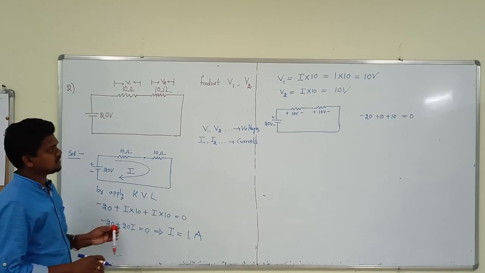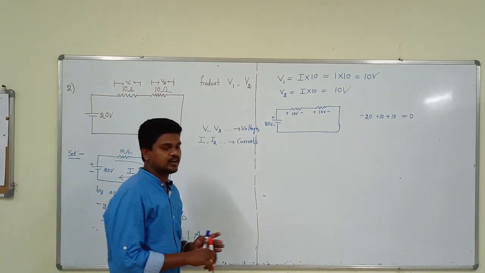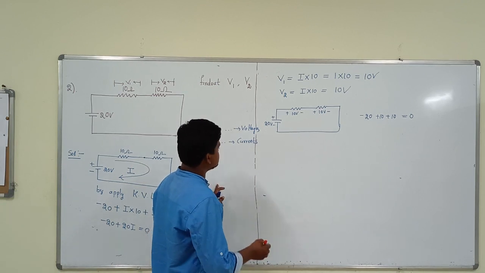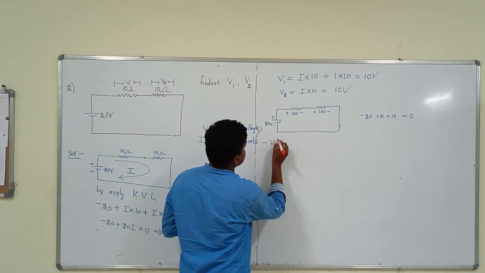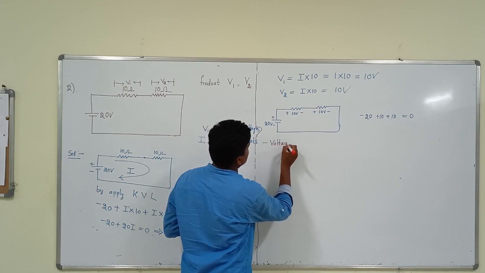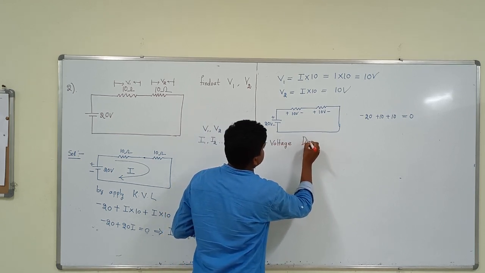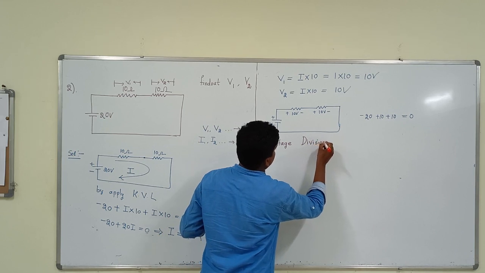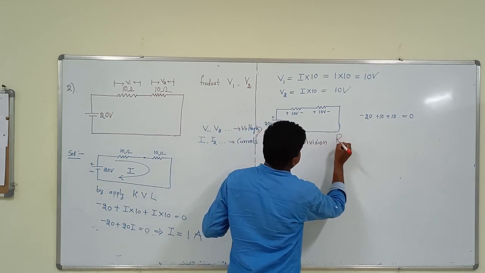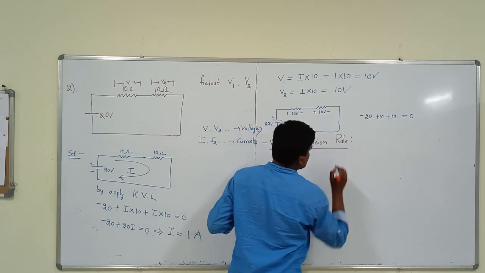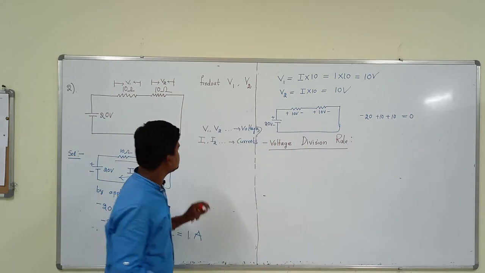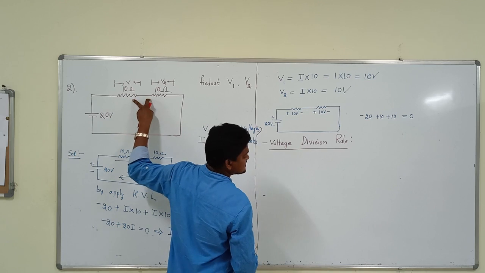This is the one method, applying the KVL method. Directly we can find it out, there is one more method, one formula, and that formula is the voltage division rule. Voltage division rule is applicable for the series circuit, whenever two resistors are connected in series.